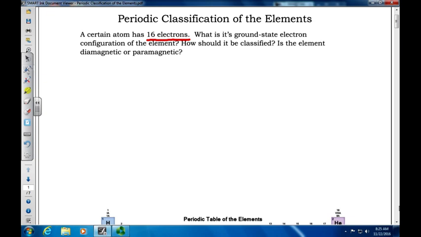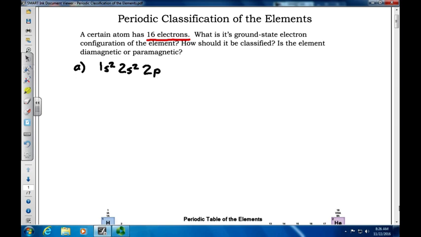So for part A, we're going to do 1s2, because you can only have a maximum of 2 electrons in the s orbitals. 2s2, so that's 4 electrons total.